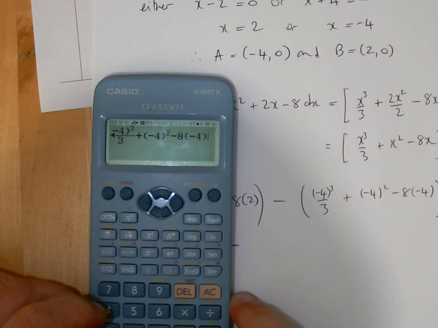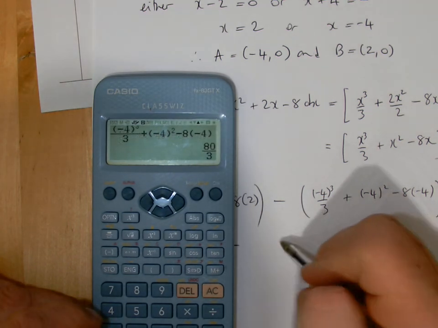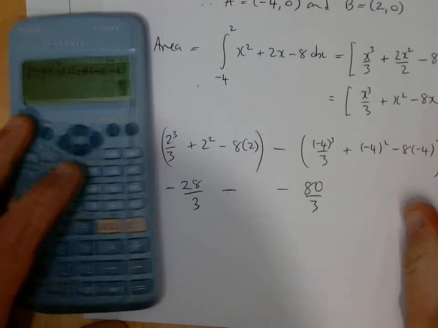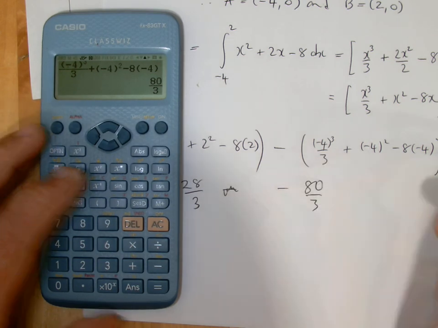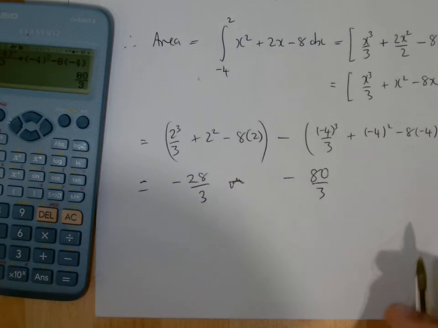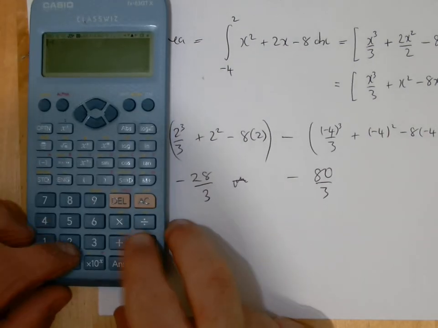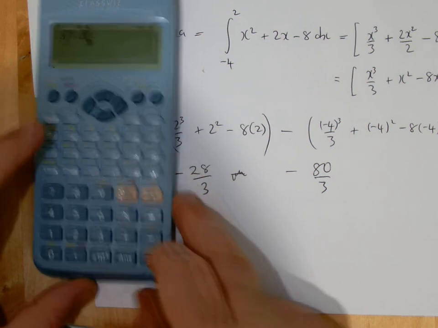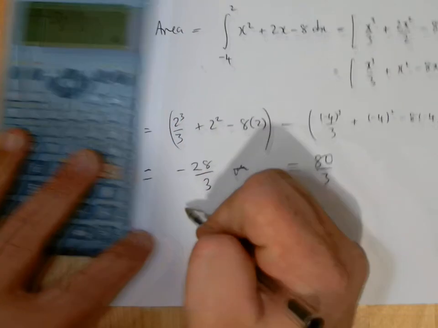I think that's right. So I get 80 over 3. I don't know why I put a minus there, I'll get rid of that one. So we've got to work out minus 28 over 3 minus 80 over 3, and I get exactly minus 36.